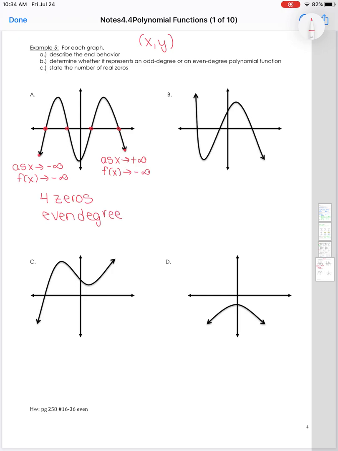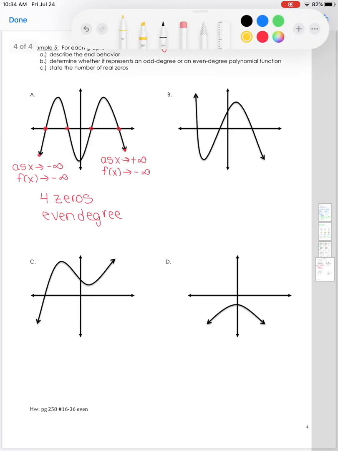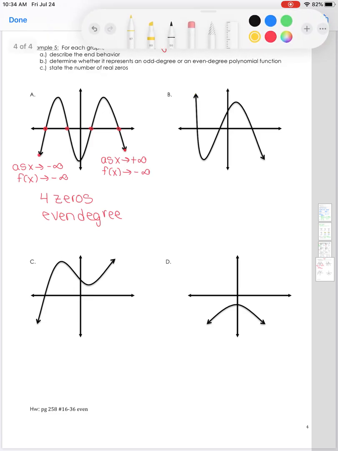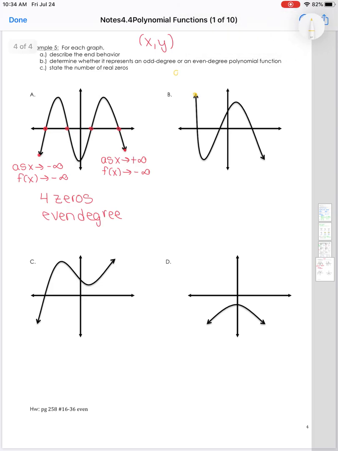So as x approaches negative infinity, f of x approaches negative infinity. That's part A. For B, I have to determine even or odd, so let's count the zeros. 1, 2, 3, 4. There are 4 zeros, which actually answers part C, which means that this is an even degree. You also know it's even because they're both ending down in the same direction.